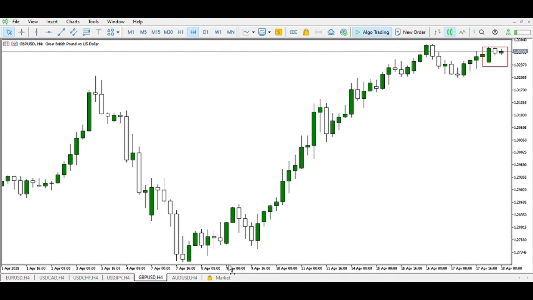In fact, some traders do well with only monitoring just one pair. Some do well with monitoring 2 pairs. Some do well with monitoring 3 pairs. Some 4, some 5.